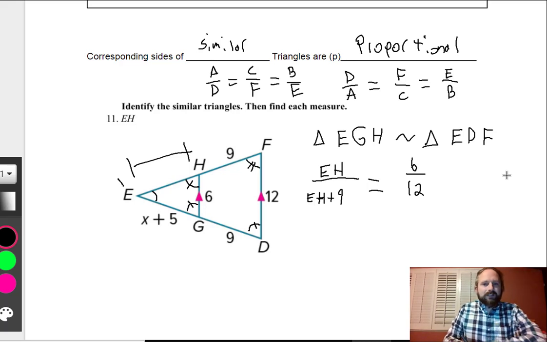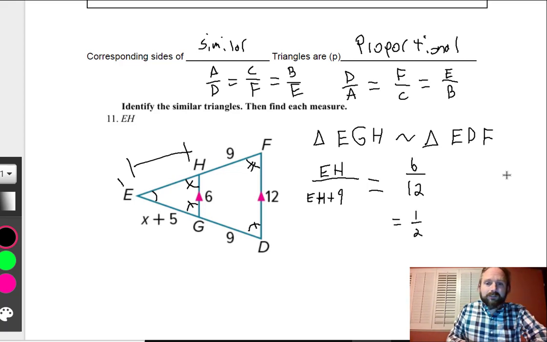So now I have to solve this, and I'm like, all right, EH and then EH plus 9. Well, I could do the cross product. I could simplify. Why don't we simplify? 6/12 is 1/2, which is equal to EH over EH plus 9. Well, you just have to bite the bullet and multiply. I'm going to multiply by EH plus 9 on both sides, and by 2 on both sides. What this looks like is the cross product rule.